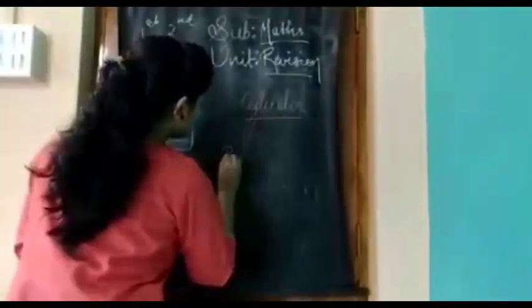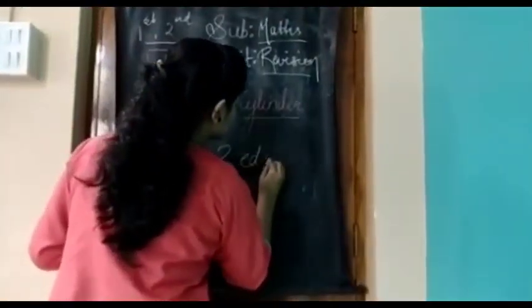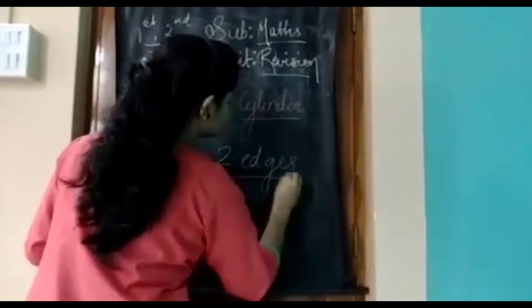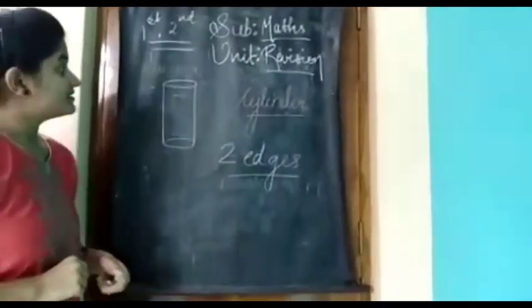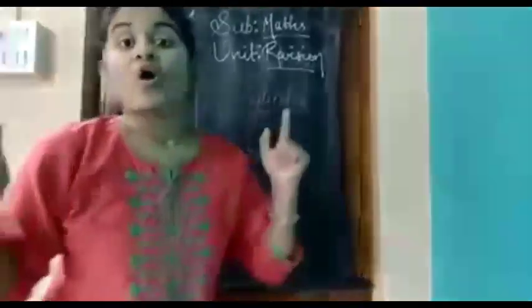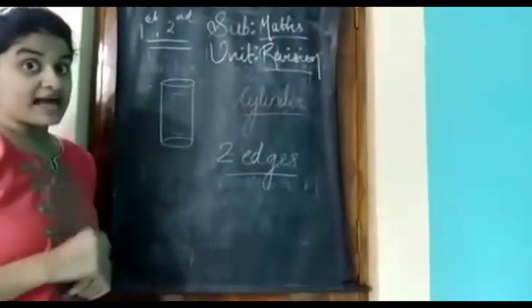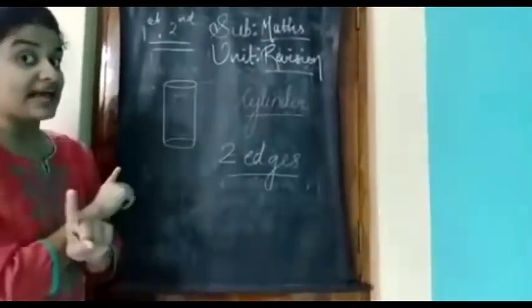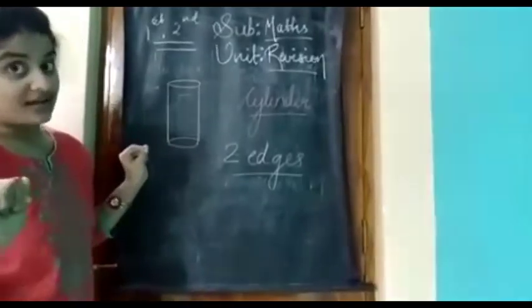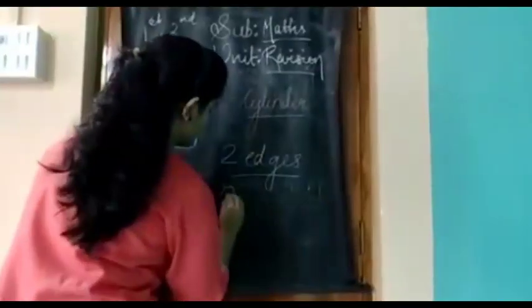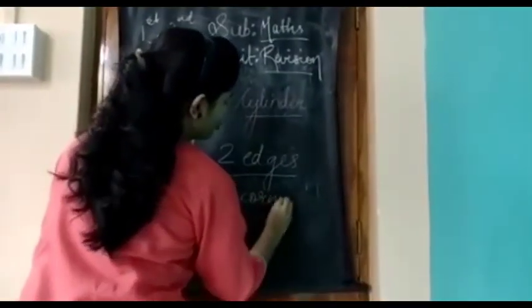So we will write here two edges. So students, can you tell me how many corners does the cylinder have? Yes, a cylinder has 0 corner. It has no corners. Understood? 0 corner.